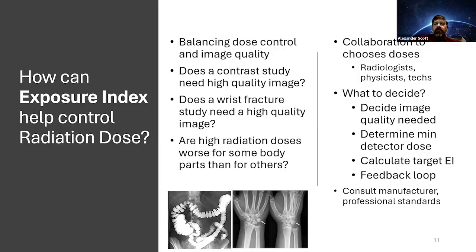On the other hand, at the main hospital, there are some studies that really don't need a lot of radiation or good image quality. So a GI study with, say, a barium enema would be an example. You really can see it. You don't need to have a lot of radiation to make out the details.